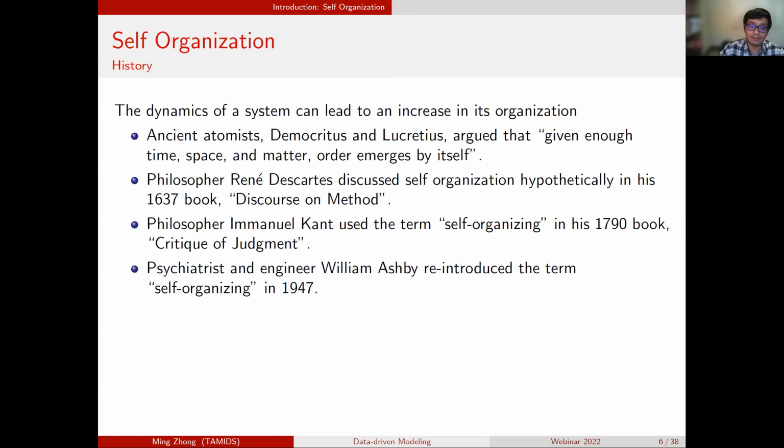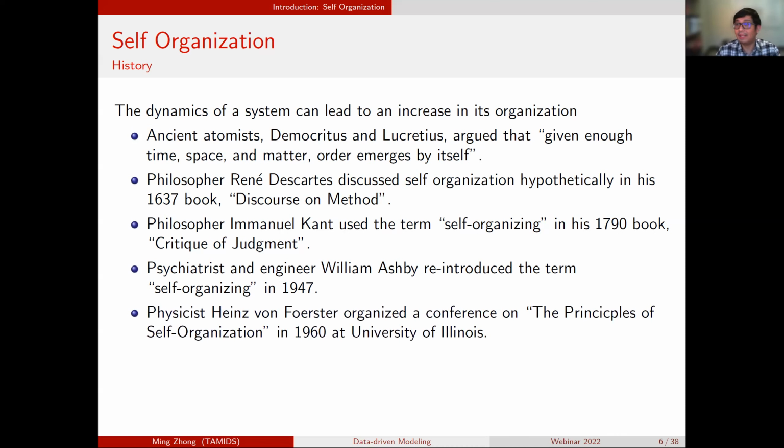Okay, and then in this 1947 paper, William Ashby actually introduced the idea of self-organization, and also introduced the dynamical system that actually gives you the self-organizing behavior. Okay, and then from that time on, this idea caught on, and it became a really popular research item.